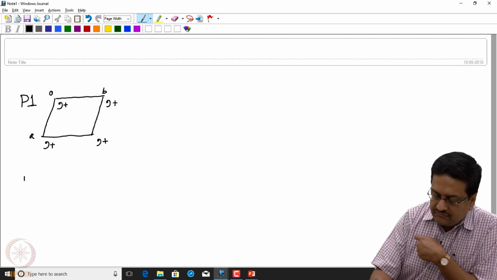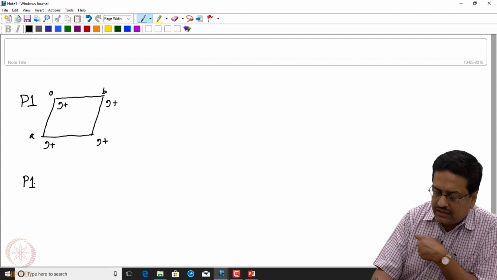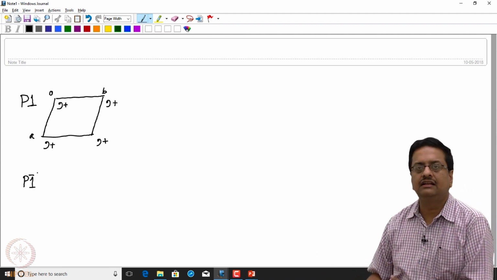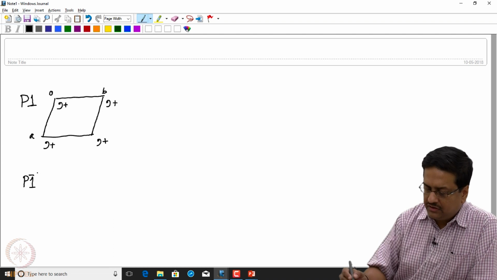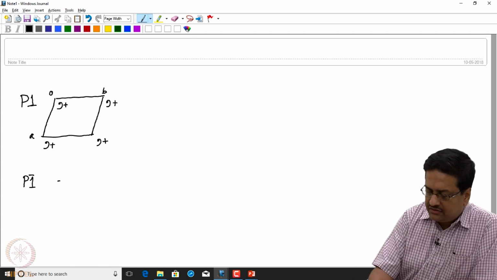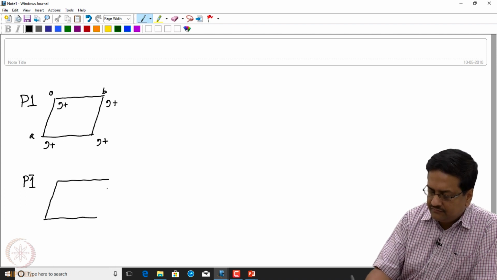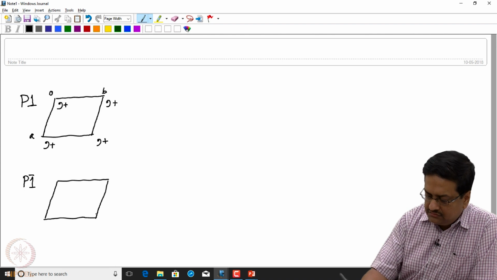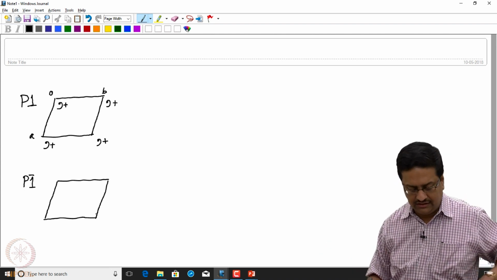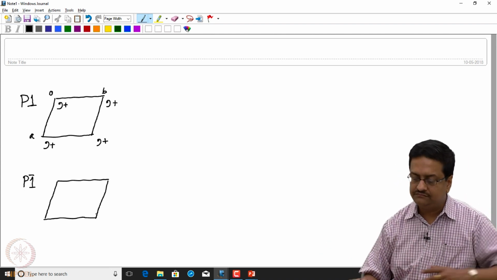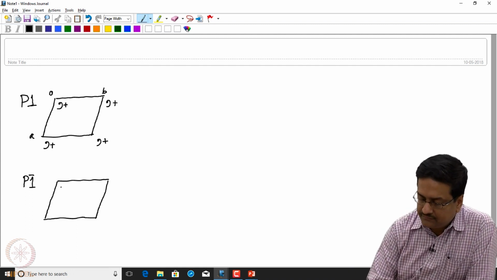The next higher symmetry is P1 bar, which means it has a center of inversion. So once again, if I draw oblique lattice, I am not going to do anything wrong, because in case of triclinic, the angles are not 90 and hence we can draw oblique lattice.